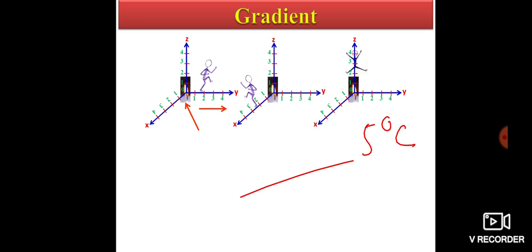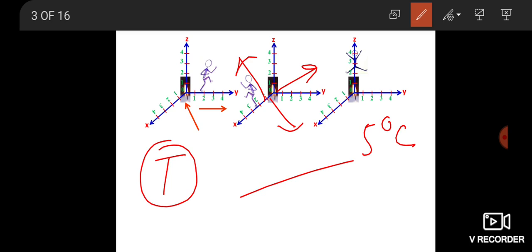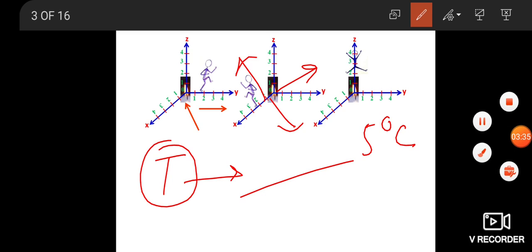Similarly, if you move along any arbitrary direction, let's say along this direction or that direction or that direction, there is a rate of change of temperature, and this change may be different for different directions. So what we observed? Although temperature is a scalar quantity, when we consider the rate of change in temperature, there is some directional sense.